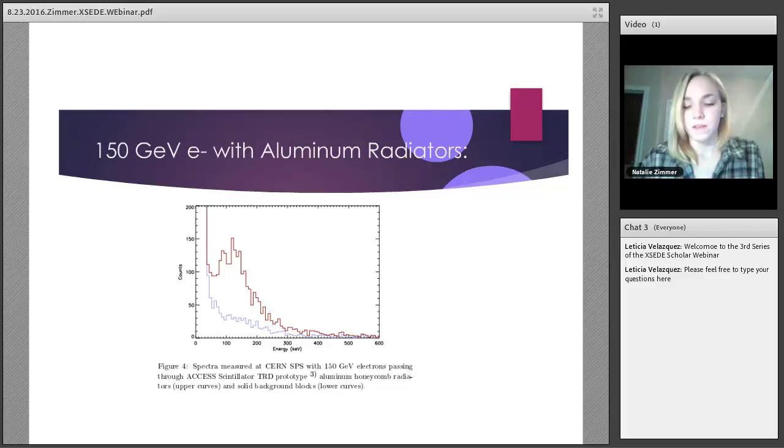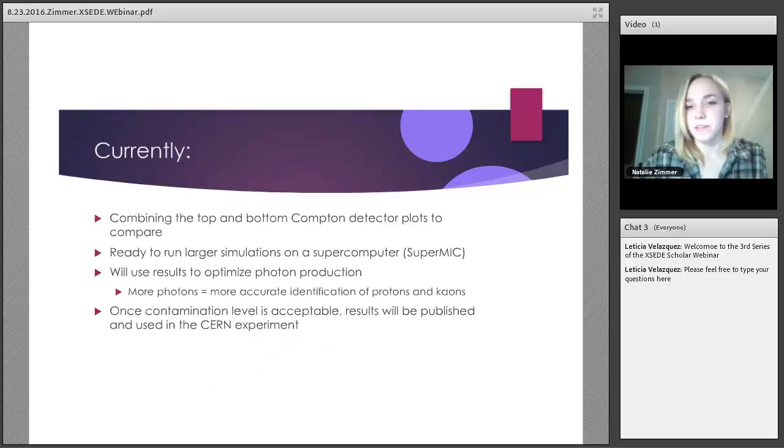And so, like I said, when we have particles going through the transition radiation detectors, they're going to be producing photons.